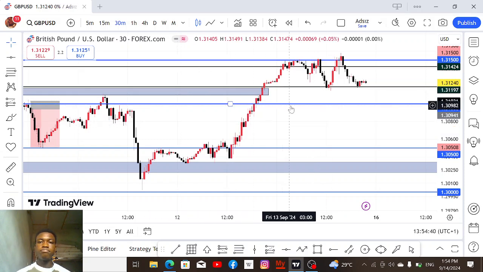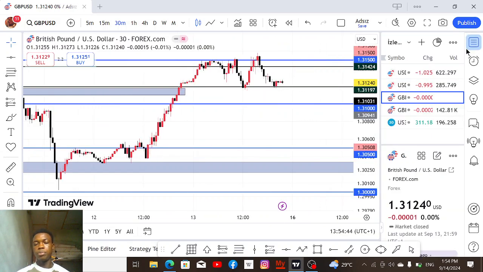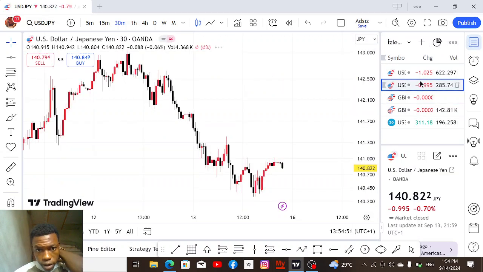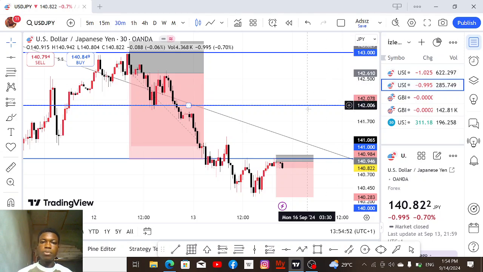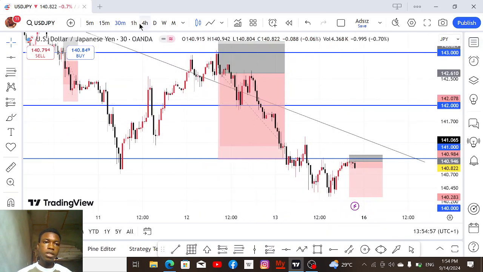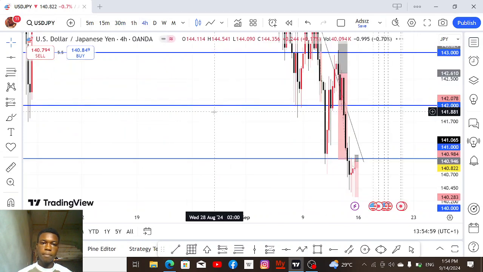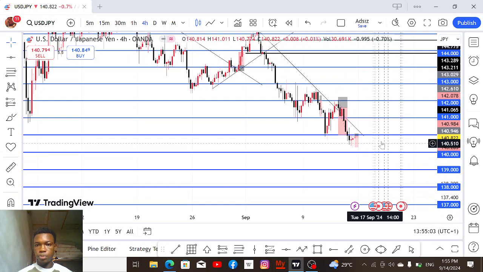Let's assume I trade two pairs, which is GBP USD and USD JPY, one of my favorite pairs. So let's also look at USD JPY. Let's go to the 4 hour time frame. Okay, this is for GBP USD.